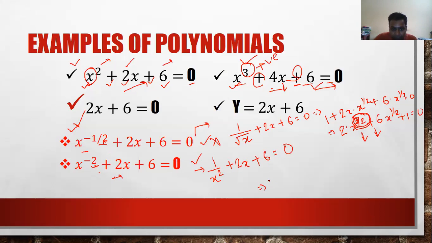Further simplifying, you'll get 1 plus 2x into x square plus 6 equal to 0. Sorry, I missed here, it should be x square. Now this will be your 2x cube plus 6x square plus 1 equal to 0. Now see here, this is a polynomial.